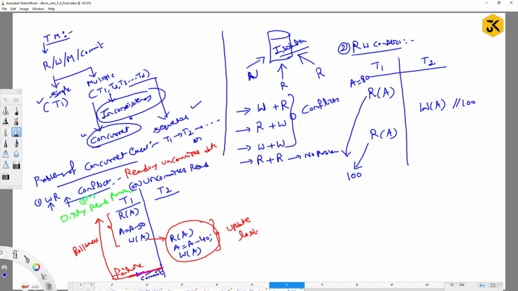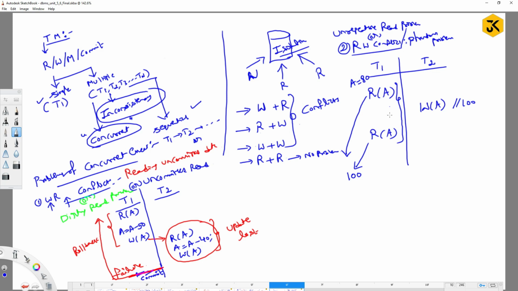The thing is, in the same transaction T1 he is getting different data across multiple reads. So we call this a read-write conflict. For the same user at the same instance of transaction, he is getting different results. This problem we call the phantom problem, or the unrepeatable read problem.